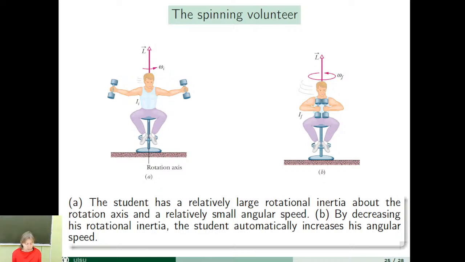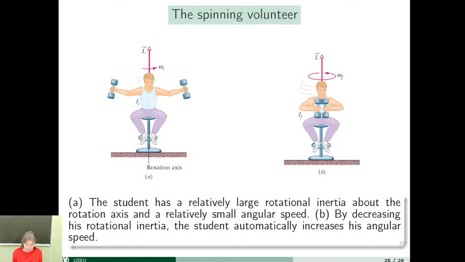No net external torque acts on the system consisting of the student, stool and dumbbells. So the angular momentum of that system about the rotational axis must remain constant no matter how the student maneuvers the dumbbells.